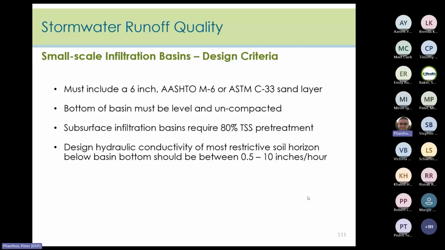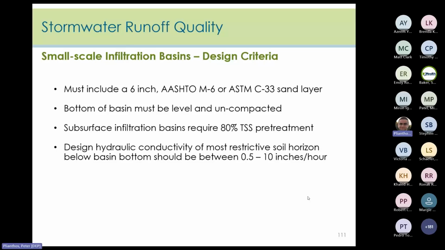Additionally, the basin must include a 6-inch AASHTO M6 or ASTM C33 sand layer. Also, the bottom of the basin must be level and uncompacted, so the soil erosion and sediment control plan should address how we plan to achieve this.